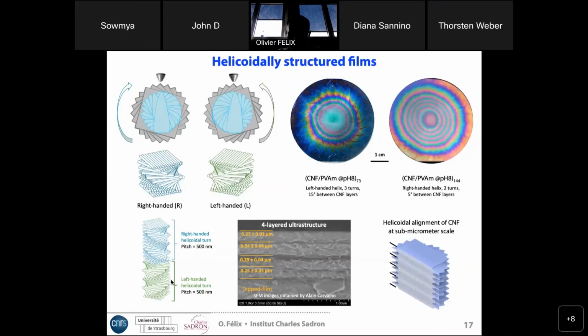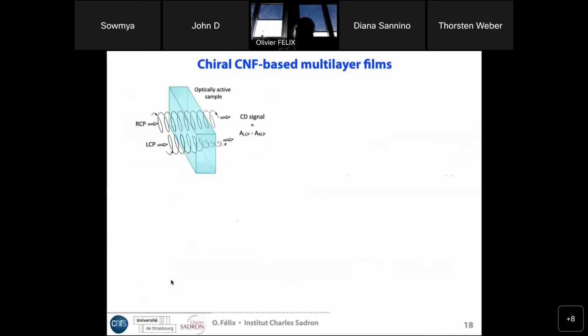How can we prove it really? For this, we used an optical measurement, which is circular dichroism. When you have a sample which is optically active, you put in a beam of right circularly polarized light or left circularly polarized light.